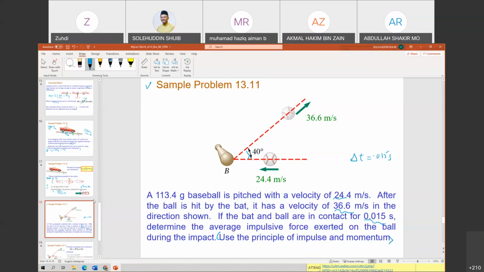So again we draw the diagram. What will be the diagram? We start with the first one, this ball, plus the second ball. Supposed to be the same ball, no? Same size.